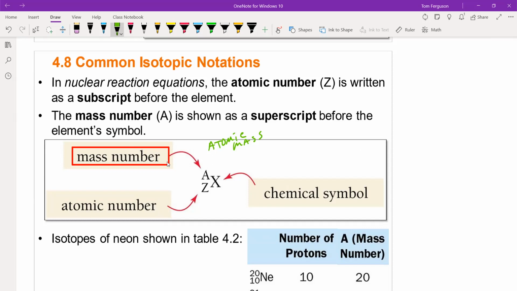Now, a lot of people, when they're filling out that worksheet, look up neon, it's 10, right? We'll say the atomic mass is 20.2. 20.18 is an average of all isotopes. This particular isotope has 20 protons and neutrons.